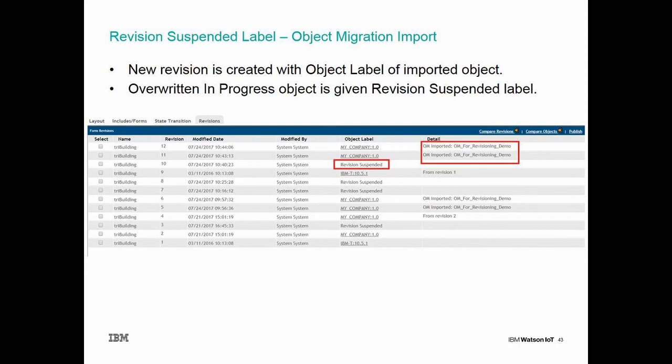The next slide shows what happens after an object migration package comes in. You'll notice that after the OM import, the latest revisions are given the object label from the import package, which is My Company 1.0, and revision 10, since it's been overwritten, is now labeled revision suspended.